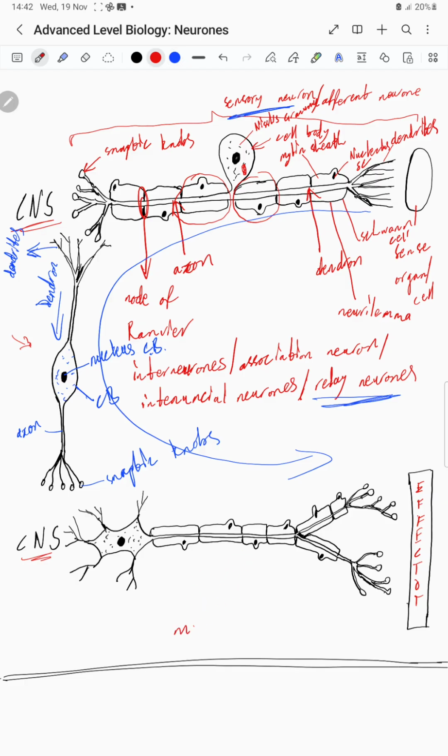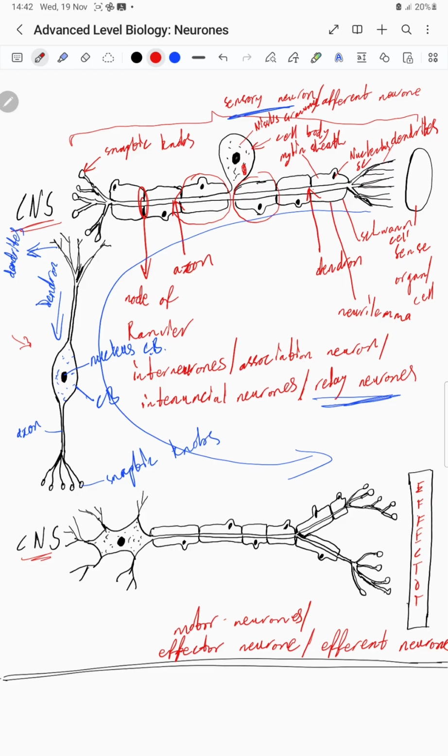These are called motor neurons, or we can call them effector neurons, or efferent neurons.